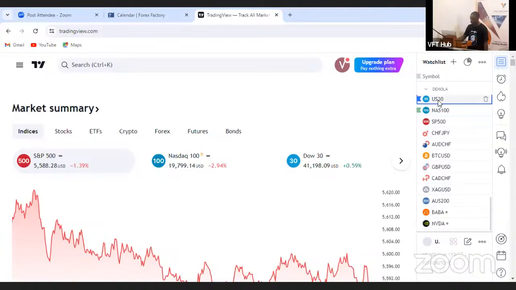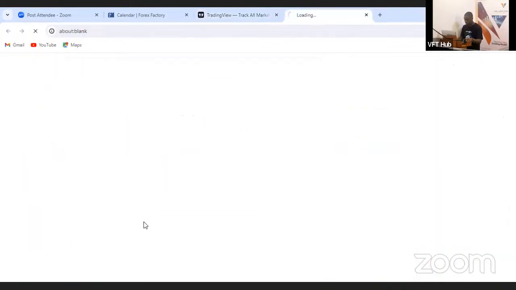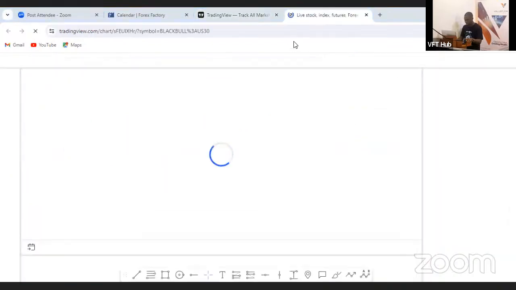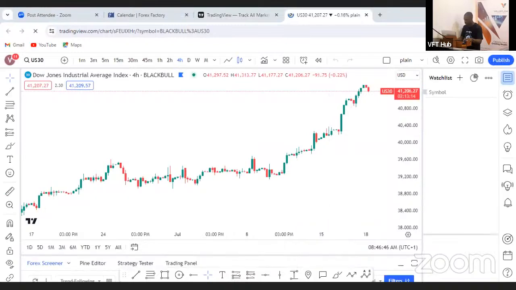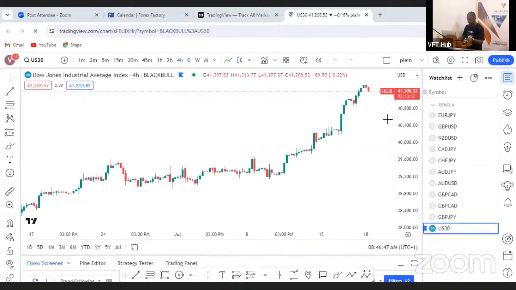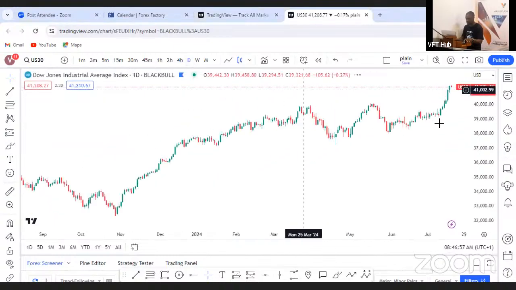So this morning, let's just look at US 30 and look at what we're having for the market. Sorry, my chart is taking its time to load. Okay. On daily, there's not so much on US 30 this morning.